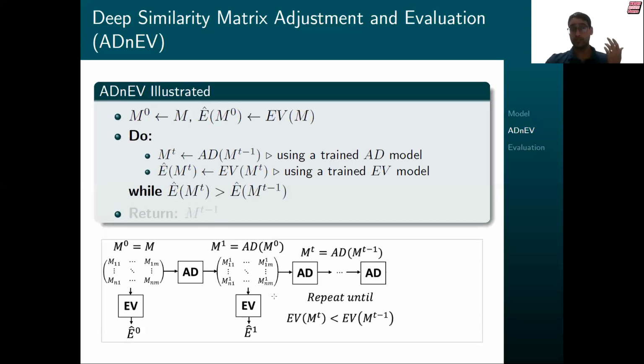We repeat these two steps until no improvement is obtained anymore. And then finally, we return the last matrix as the output for our algorithm. In the paper, we provide conditions under which convergence and dominance can be guaranteed for our algorithm.